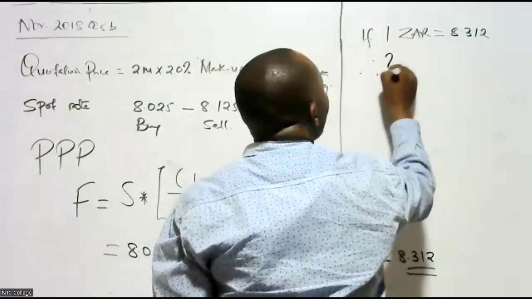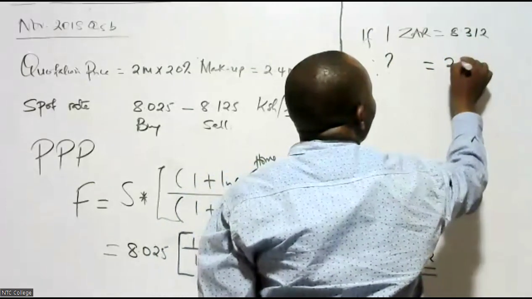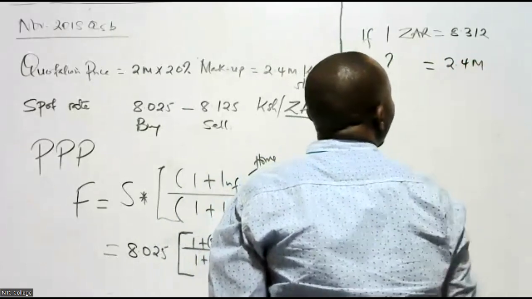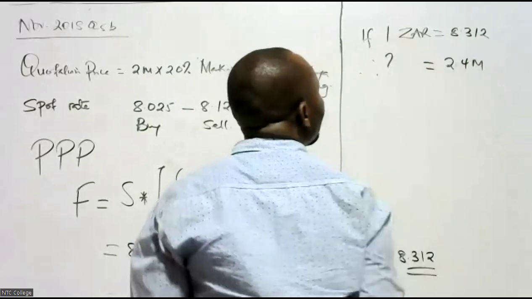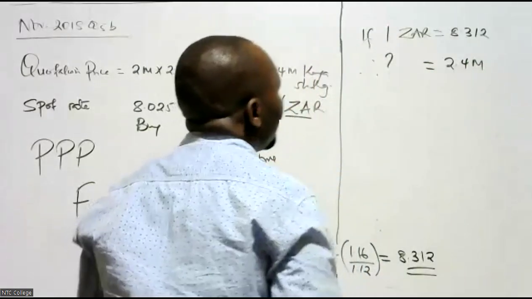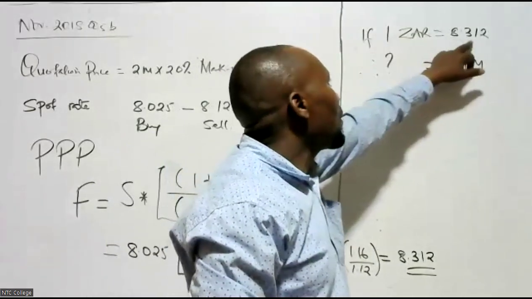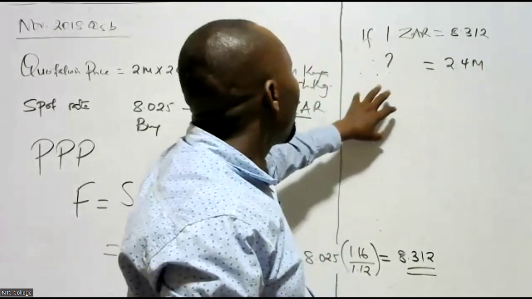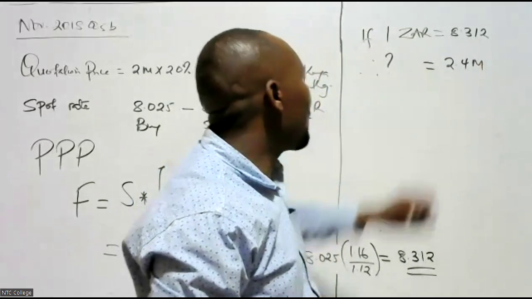Therefore, how much should I quote for this person to give me 2.4 M Kenya shilling? That is equal to this side. So you multiply here in ZAR. We are saying that in 3 months' time, 1 ZAR will be 8.312. Therefore, how much ZAR will be equal to this one if I were to give them?